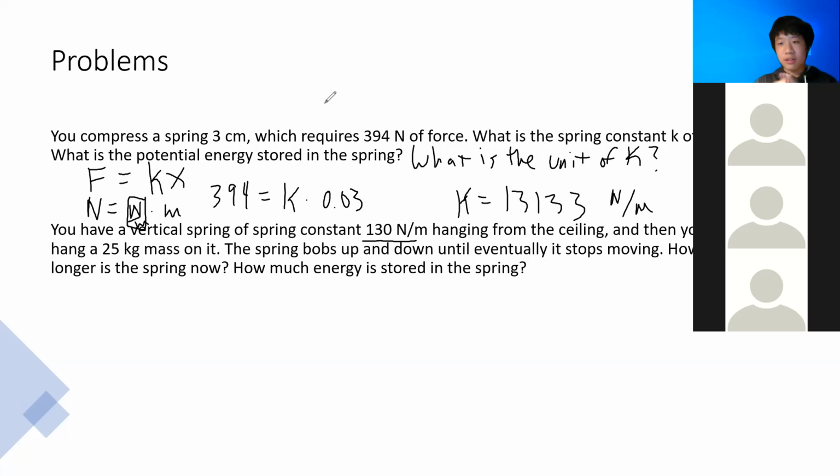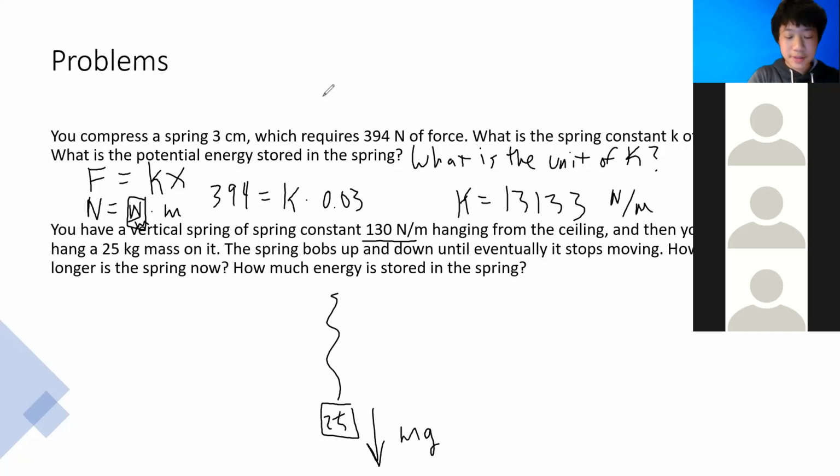Well, by common sense, if we immediately put a mass on it, it's going to bob up and down until eventually it stops moving. So we don't actually need to care about the fact that it's bobbing up and down. All we need to care about is the final location of the spring. When it's hanging like this, the mass has gravitational force on the spring, mg.